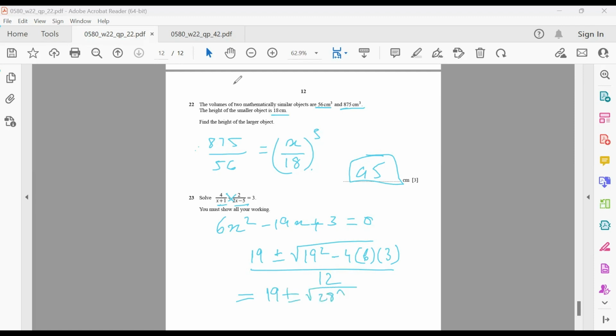So 19 plus minus root of 289 upon 12. The root of 289 is 17. So 19 plus 17 is 36. 36 by 12 is equal to 3. Or 19 minus 17, which is 2. 2 by 12 is equal to 1 by 6. Therefore, your x is equal to 3 and 1 by 6.